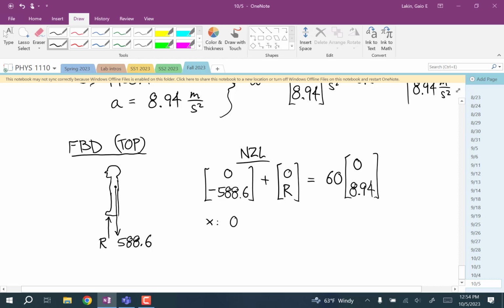So you get one useless equation, and then one useful equation, negative 588.6 plus R is equal to, what's 60 times 8.94? 536.4.